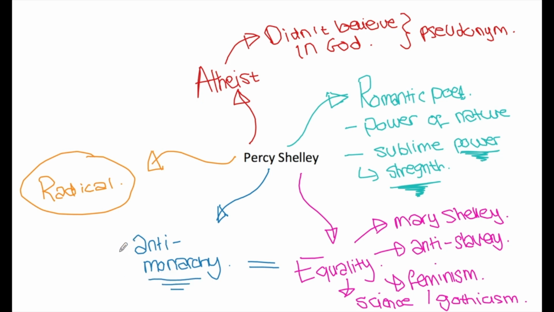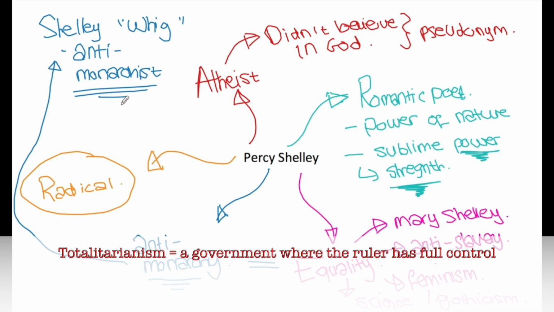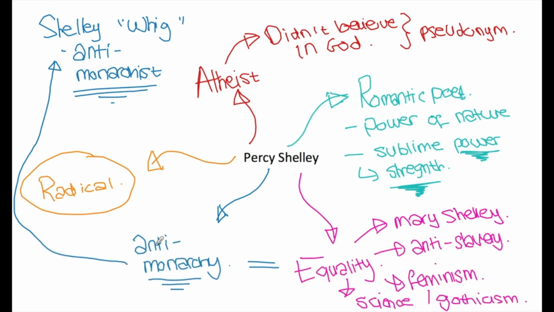Now, Shelley's dad, and let me just messily put that up there, was what was known as a Whig, and this was a political party which was anti-monarchist. Whigs believed that monarchy was a form of kind of totalitarianism, and they weren't on it. They were anti-monarchy. And so Shelley took these ideas on in a lot of his poetry and in a lot of his works.